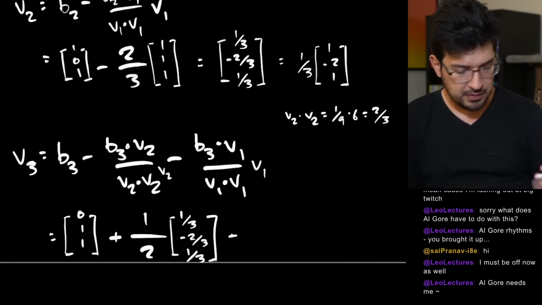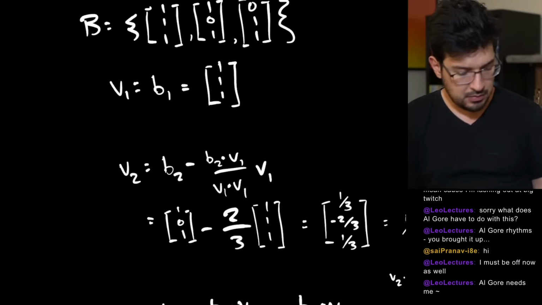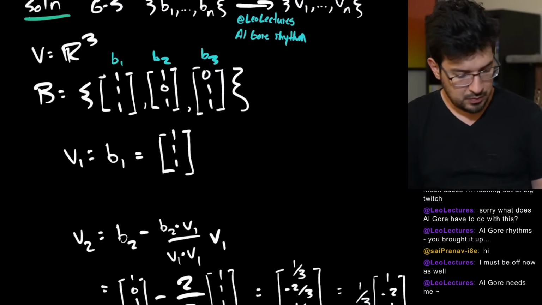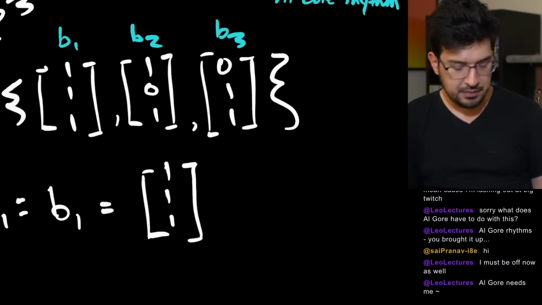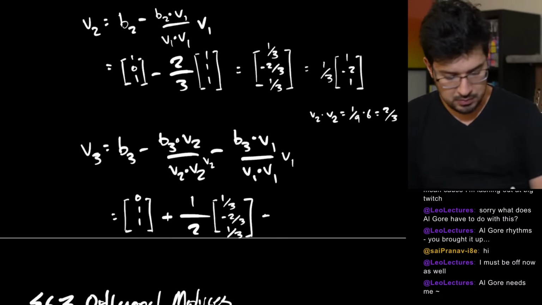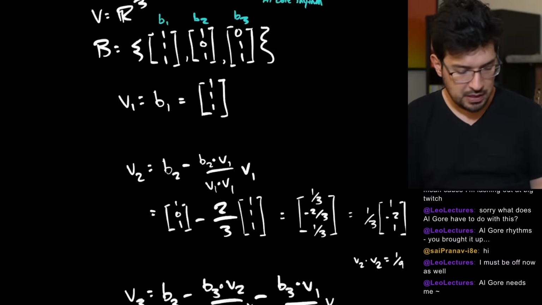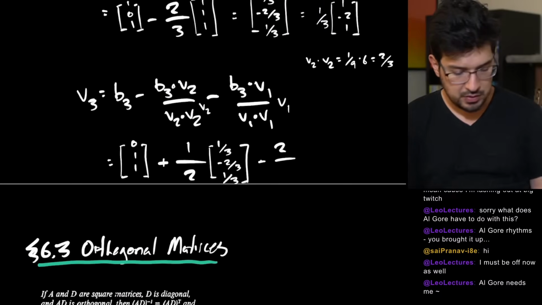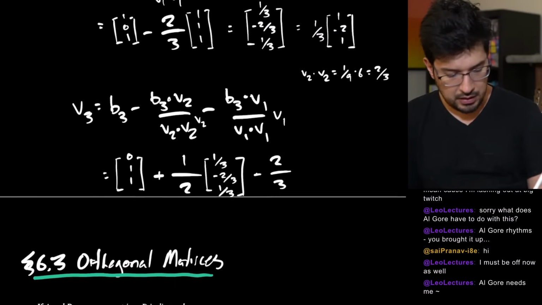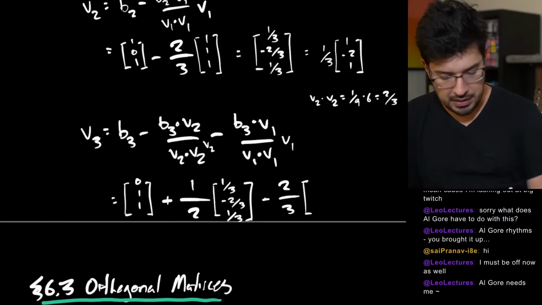B3 dot V1 is 2. V1 dot V1 is 3. And this is multiplied by V1.